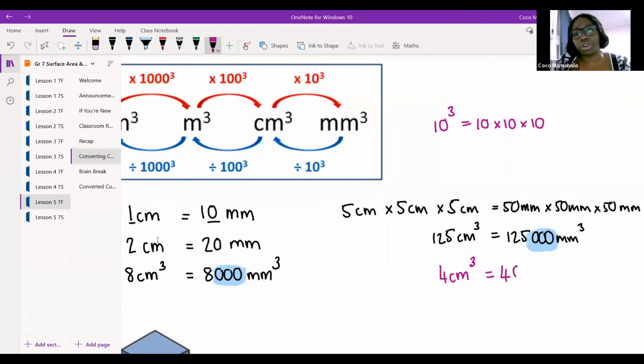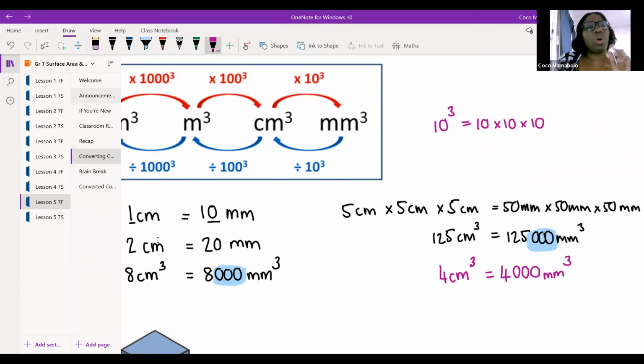I'm just going to go 1, 2, 3 millimeters cubed. Whatever my answer for centimeters cubed is, I'm going to add 3 zeros for millimeters cubed.